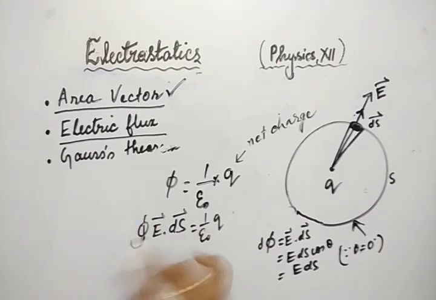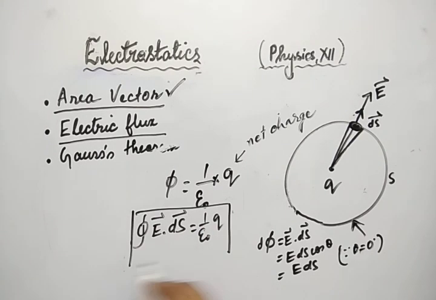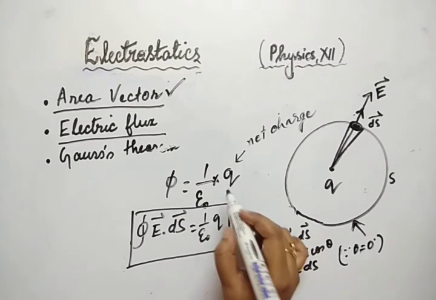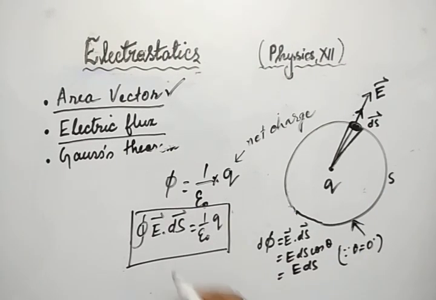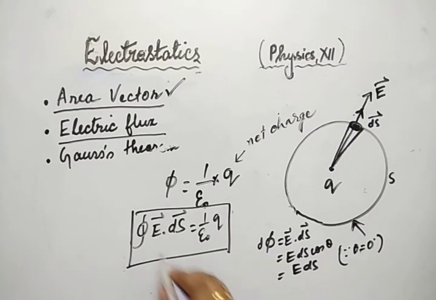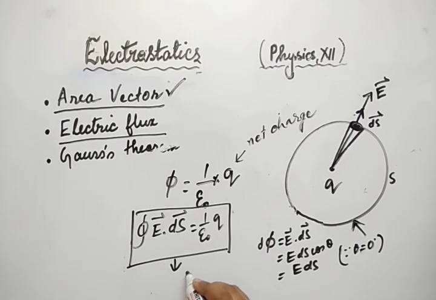So your main Gauss's theorem is this. It comes from this, phi equals 1 by epsilon naught times q, and suppose for this sphere we had to find out, we could find it in this manner.